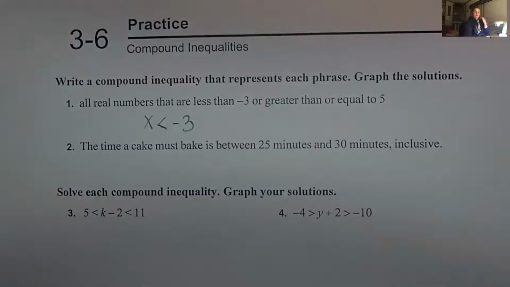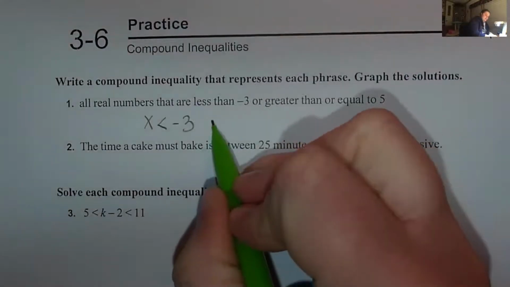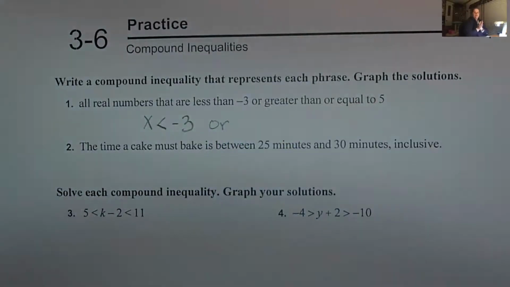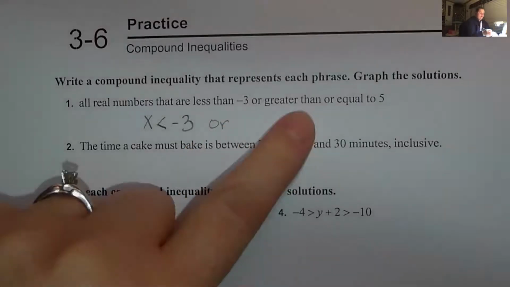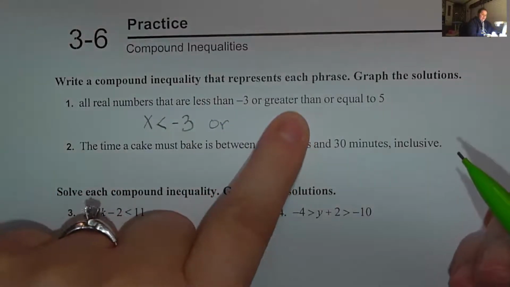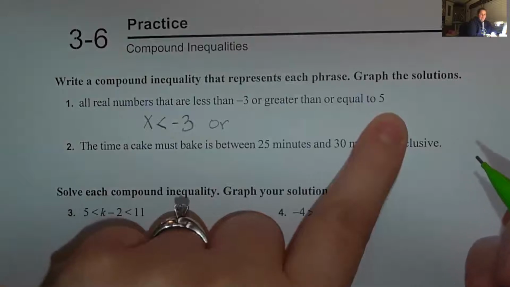Now remember, compound means more than one. So I'm going to put an "or" in between. A lot of these compounds will have a connection with the variable in the middle, but no matter what, you can always use the word or. You can just write one, put the word or, write the other one. So X is less than -3, or it's greater than or equal to 5.